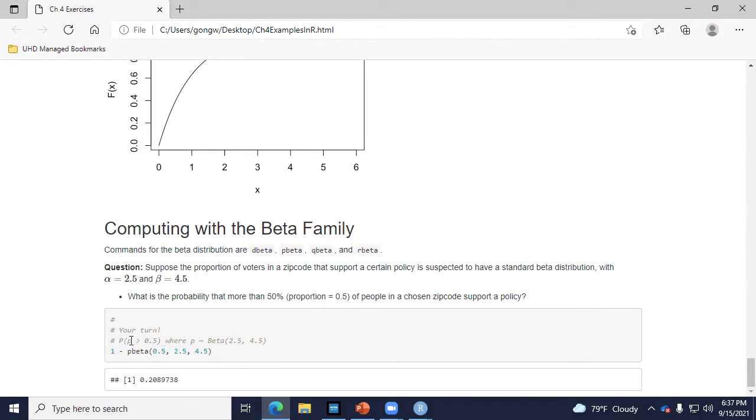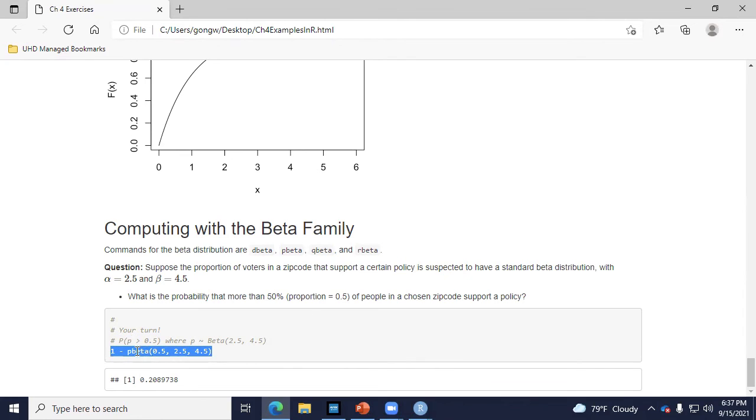Now I use this random variable p because for beta it's normally working on some proportion, some probability thing. So this p follows beta, alpha equal to 2.5, and beta equal to 4.5. So this is how you do the calculation.